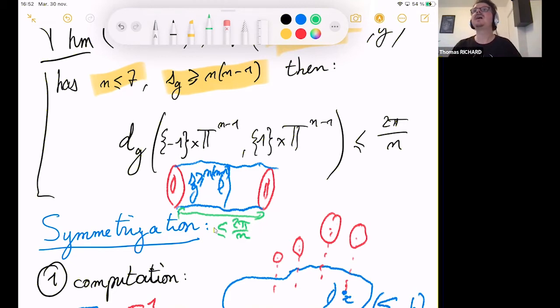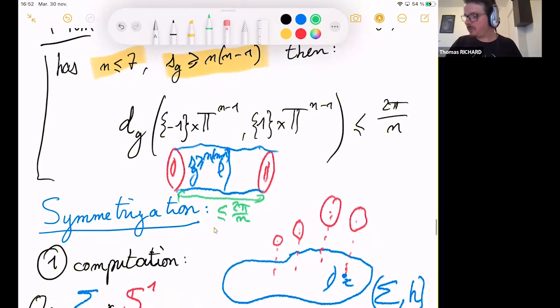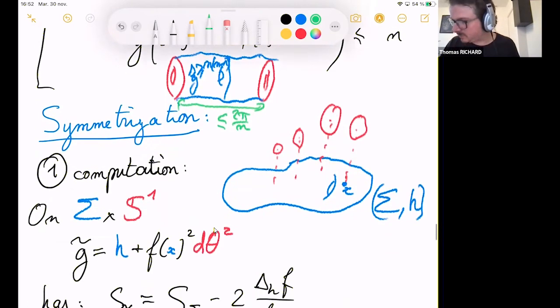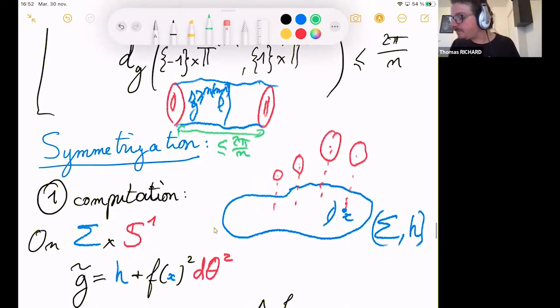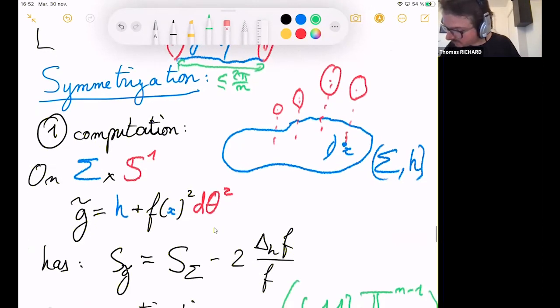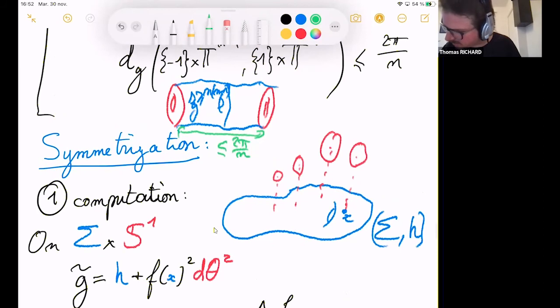Okay, and in the last 10 minutes, I think I'll tell you how this is proved, and I guess we'll be done afterwards. Okay, so first we'll do a computation. We start with a manifold Sigma of dimension n, or n minus 1 actually, with a Riemannian metric h.